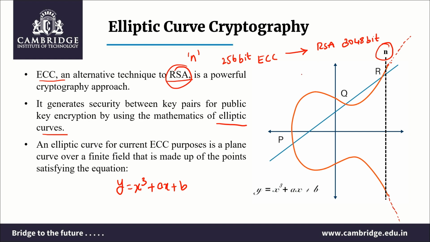Suppose I draw one more line like this. Now you can observe that it cuts at only 2 points on the curve. So that is what I said: maximum it can cut at only 3 points. It can cut at 1 point, 2 points, and 3 points maximum. And the curve is symmetric, that is, points on either side are symmetric. So that is the characteristic of this elliptic curve.